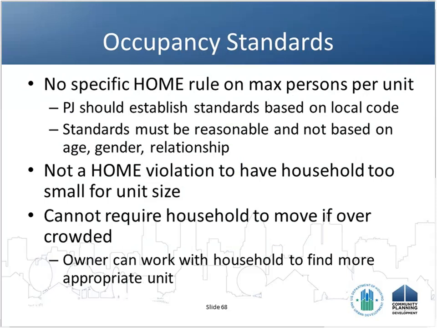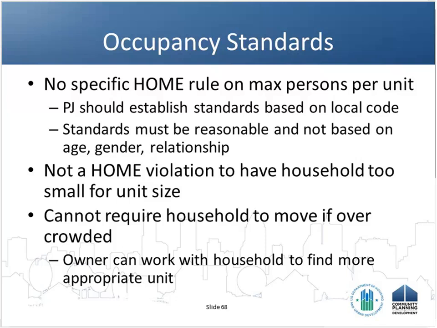Now, the HOME program itself does not have occupancy standards. In some cases, PJs have established their own for the local area. In some cases, folks are also using an existing public housing occupancy standard that's been put in place. We need to make sure that they're reasonable, but they're not discriminatory. So they don't include something based on age, gender, or relationship.